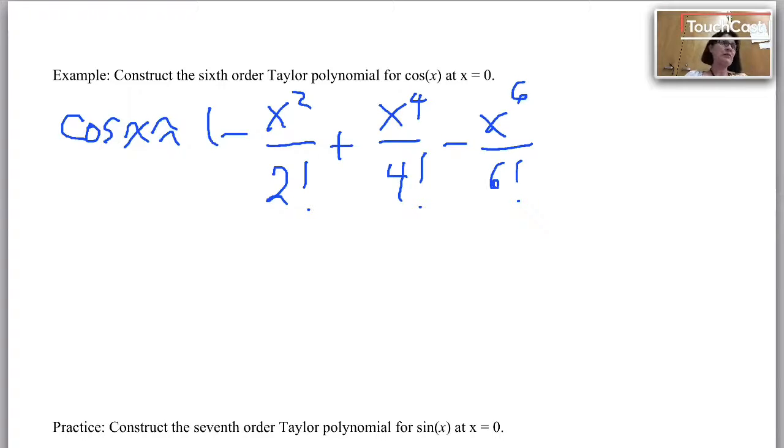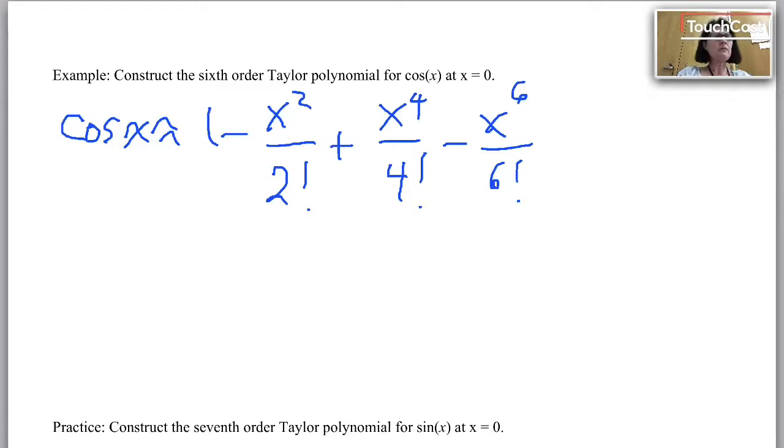I have degree 6, so it's like I have too much. But I'm supposed to have an approximation of cosine of 2x. So notice that once you have a Taylor approximation for one function, you can do what we did back in 9.1 and just transform that.